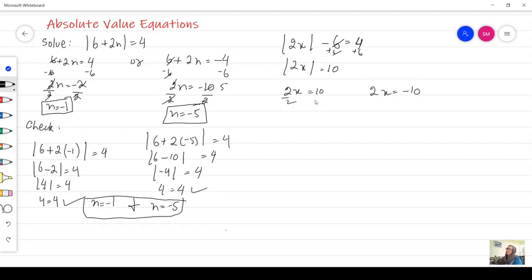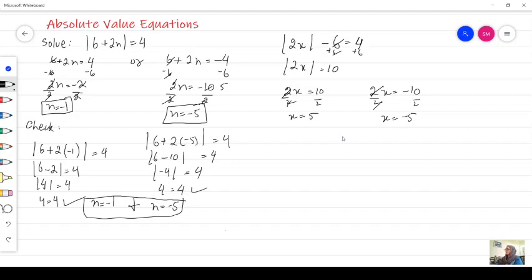You divide both sides by 2, and x equals 5 for this one. For the other, x equals negative 5. Now we plug them into the original and see if it works.